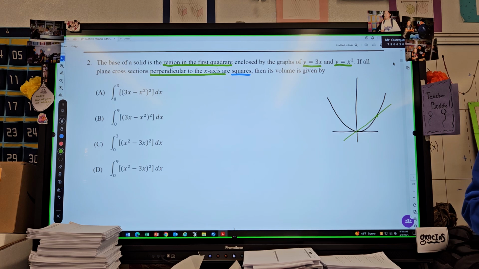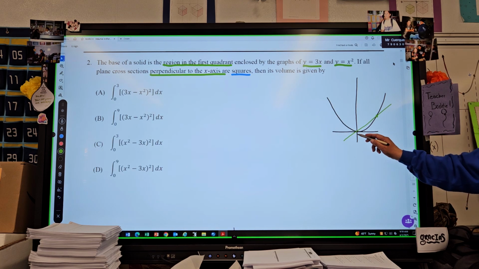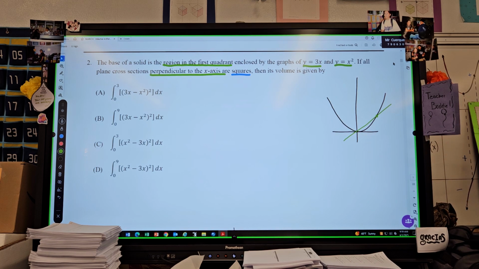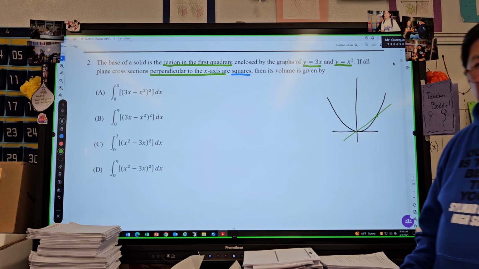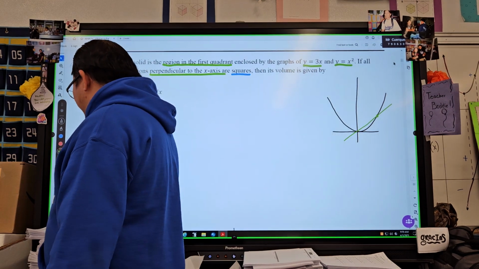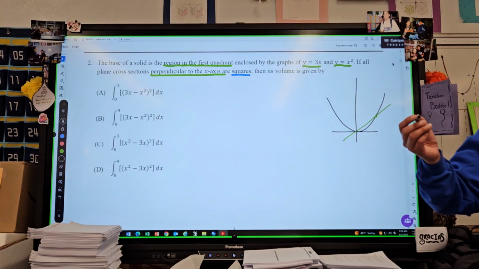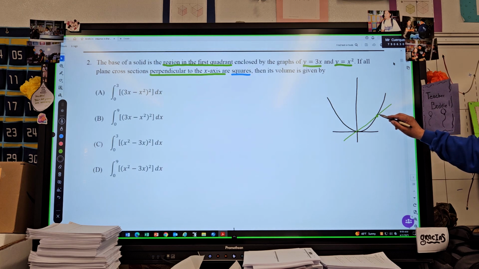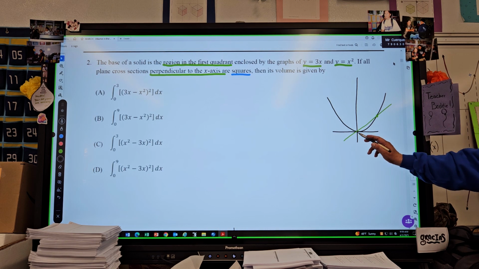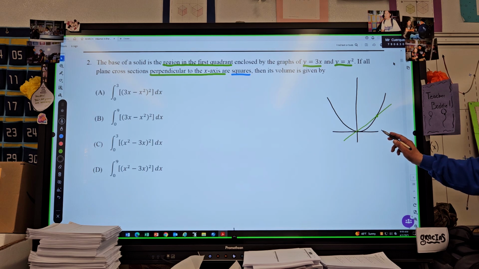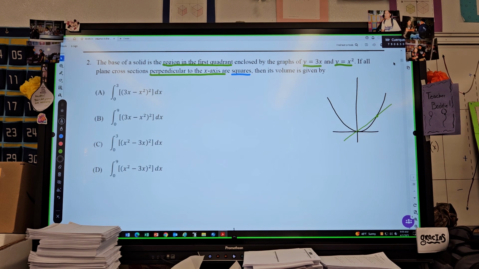And we all know that the lower limit starts at 0. So what to do? We equate each other. Very good. So x squared equals 3x, right? For us to have the intersection right here. This is the intersection that we are concerned with. We all know that our lower limit starts at 0, but we don't know our upper limit.